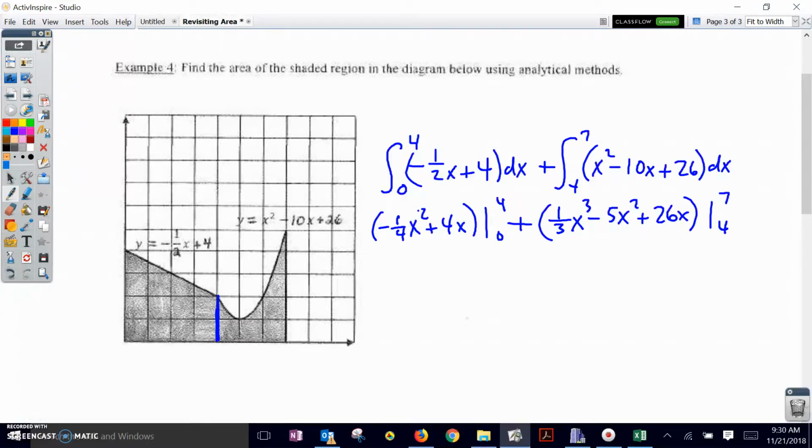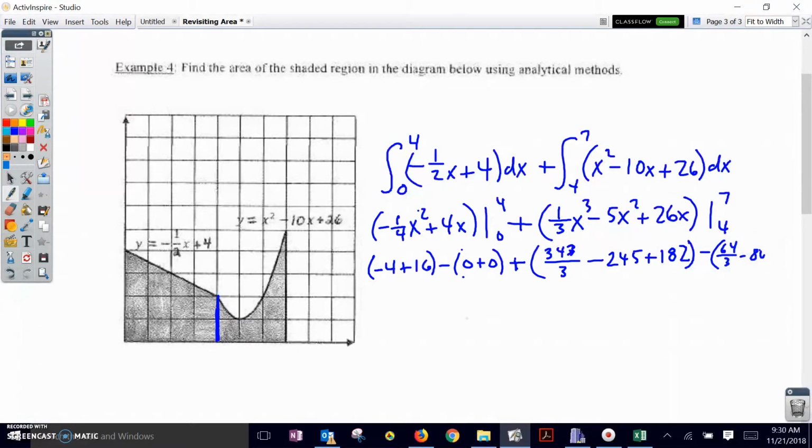Let's see, I've got negative 1/4 times 16, that's negative 4 plus 16 minus 0 plus 0 plus, oh boy, 343 over 3 minus 5 times 49, that's 245, plus 26 times 7, which is 182, minus 64 thirds, minus 80, plus 104.